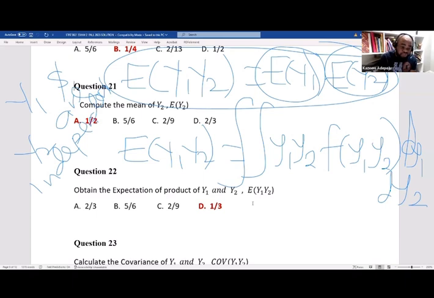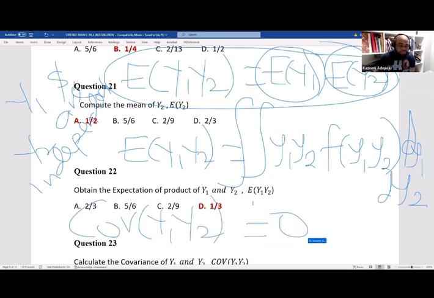Please take note. Situation where y1 and y2 are independent, covariance is 0. That is in a situation where they said in the question, y1 and y2 are independent. But if y1 and y2 are not independent, of course, the covariance is not going to be equal to 0.